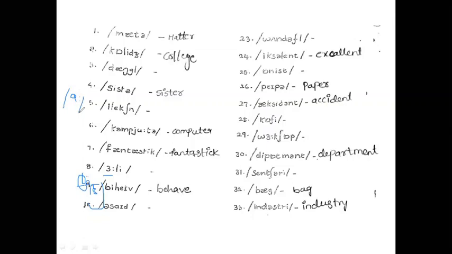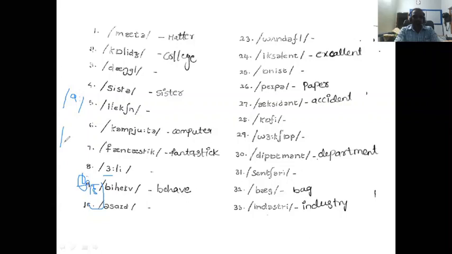When you pronounce this sound, your mouth is wide open. For example, father. When you say father, your mouth is completely open. For that long sound, we use this symbol.